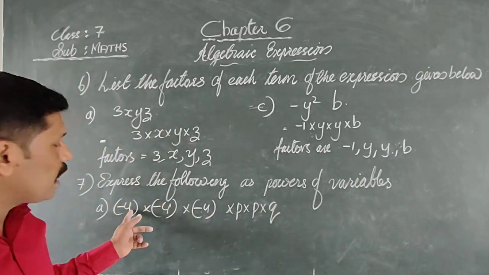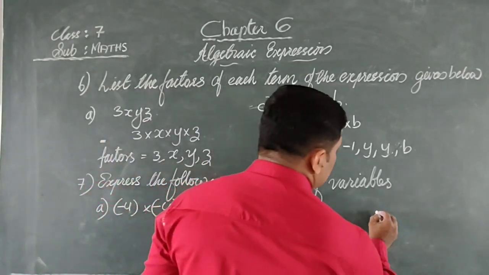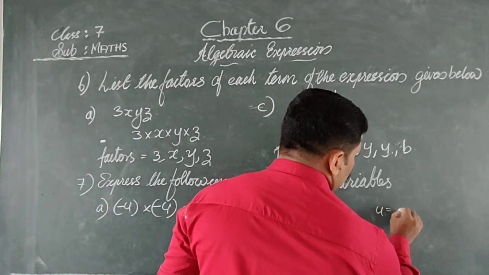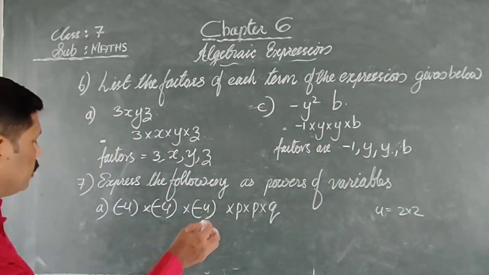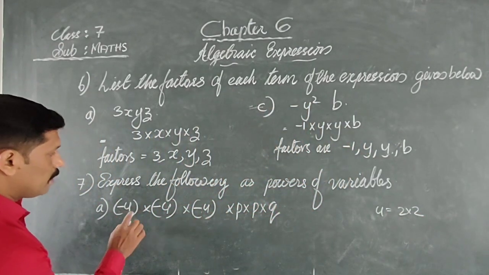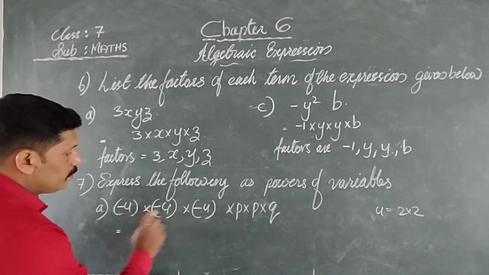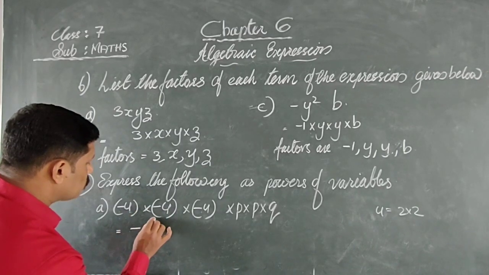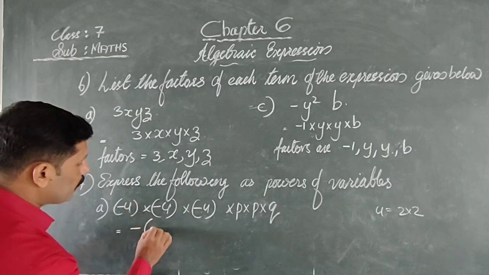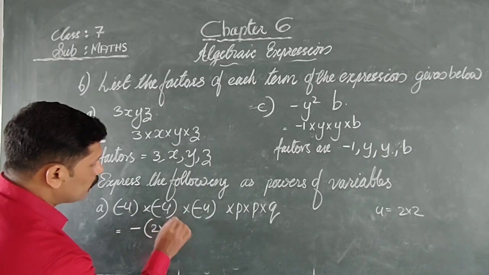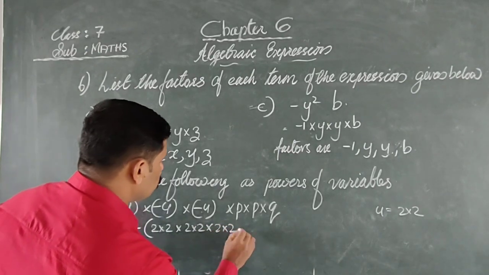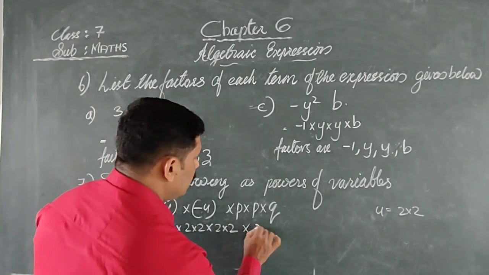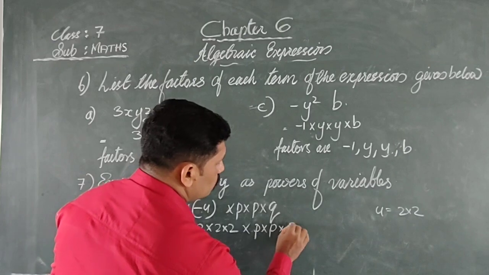So this 4 we can again factorize. 4 means it is equal to 2 into 2. Here 3 4s are there. Therefore, here negative is common, so we write it outside. 4 we can write 2 into 2, then here also 2 into 2, and here also 2 into 2. Then here p into p into q.